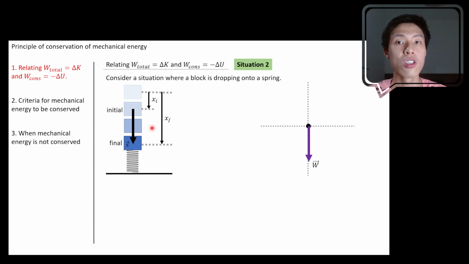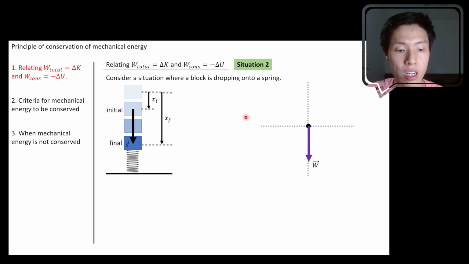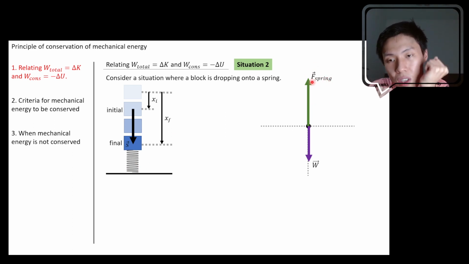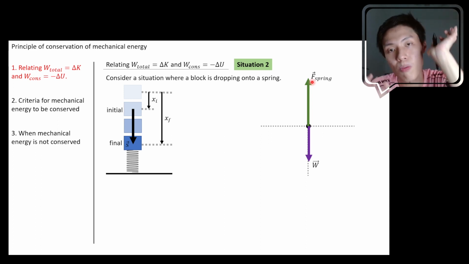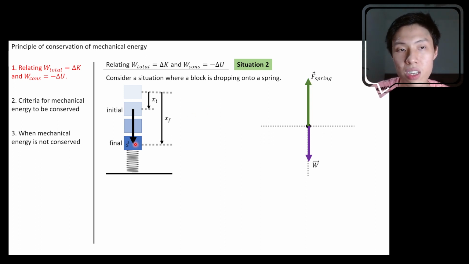This force is the restoring force of the spring. Because the spring wants to revert to its original length, it will try to push upwards, and that upward push experienced by the block is what we call the restoring force of the spring.